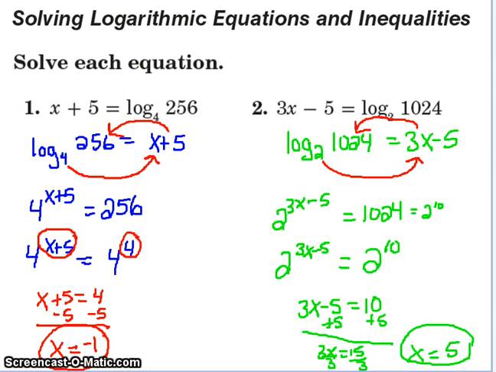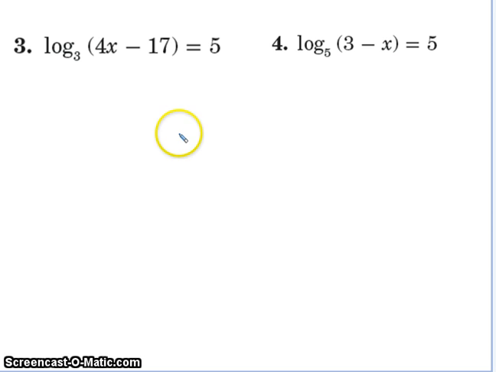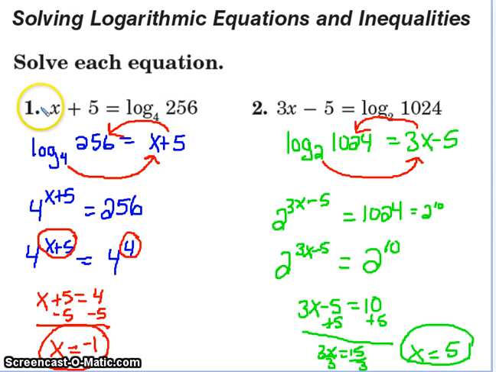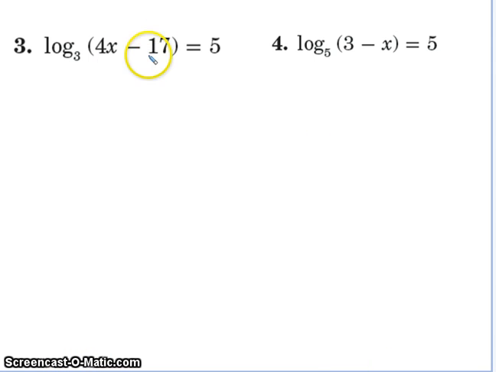Alright, now we are going to look at a couple more of these problems. We have variables in a different spot this time. Instead of the log being in what it's equal to and the variables in the front, these actually have what would be a variable in the answer. So we want to use our knowledge of logs that 3 to the 5th is going to be equal to 4x minus 17.